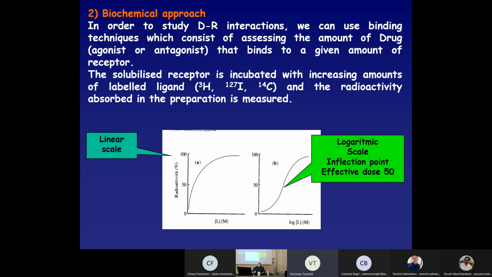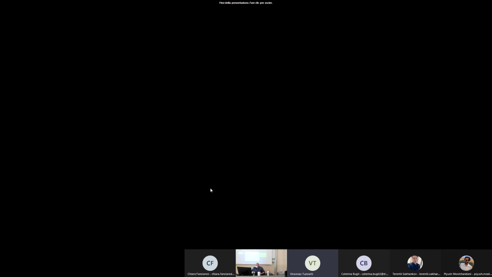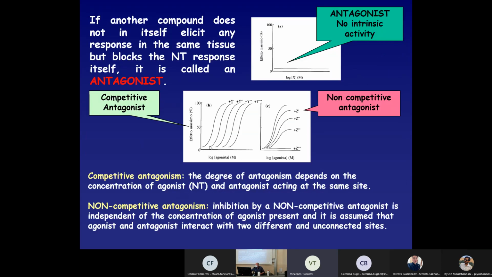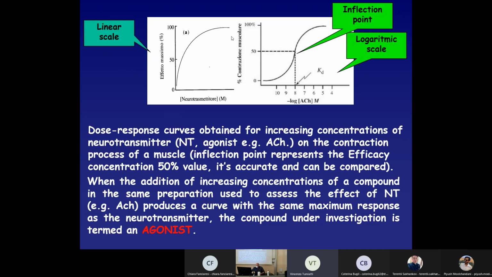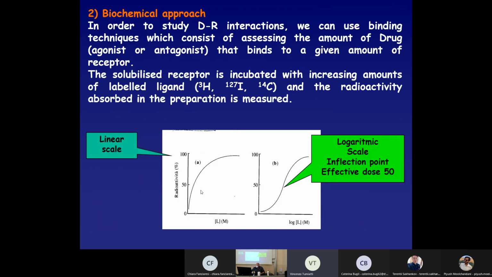We use increasing concentration of a radiolabeled agonist, and we get the same curve that we had with the other system, the other approach, the pharmacological approach. You see, just a moment, this curve is the same.